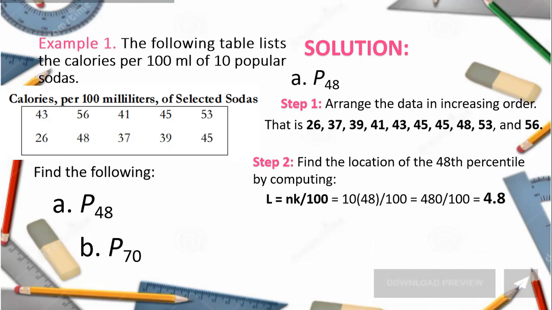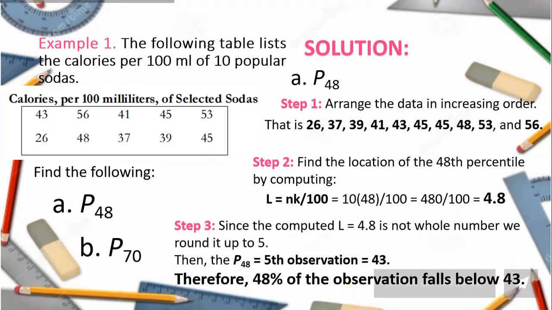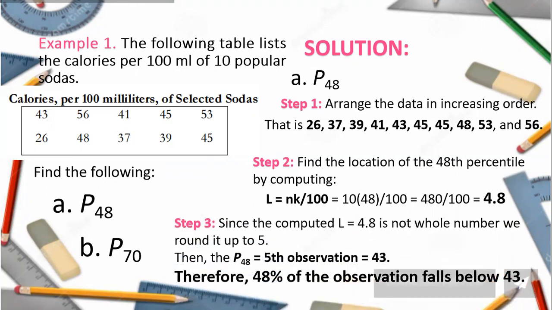So we have 480 divided by 100 gives us 4.8. So our computed value for L is not an integer, which is 4.8. So we round it up to the next higher integer, which is 5. L stands for location. Therefore, the 48th percentile is the 5th observation in the arranged data set.